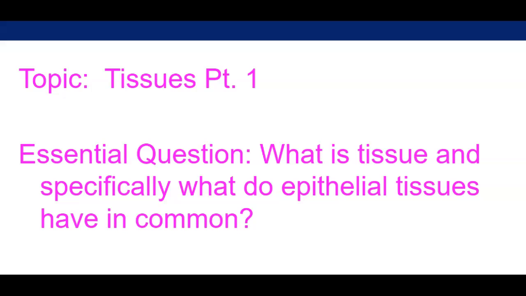And again, with anatomy, sometimes we're going to see things that may be uncomfortable to look at. And if you are uncomfortable to look at it, I understand. So make sure in your notes that you have this written down, topic, tissues, part 1, and the essential question.